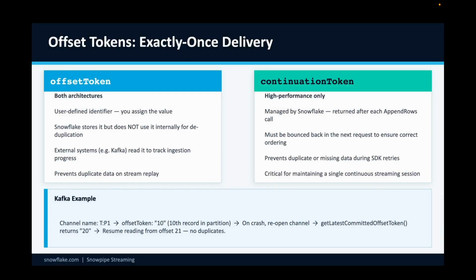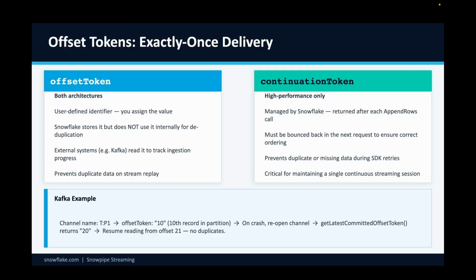Let us go over a Kafka example. Consider a channel name TP1, where T is the topic and P1 is the partition. Snowflake reads an offset 10, that is the 10th record in the partition.